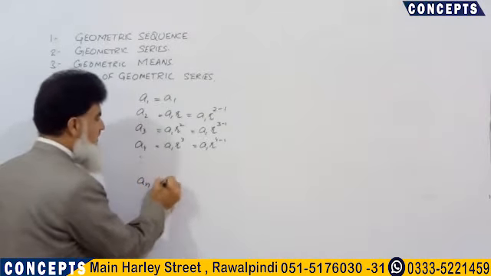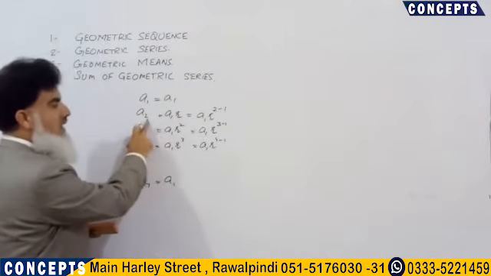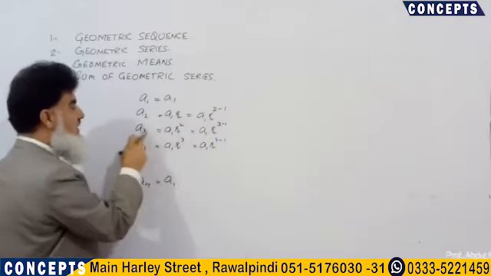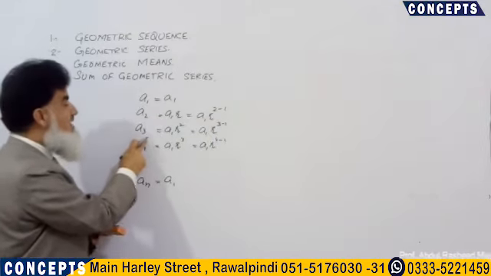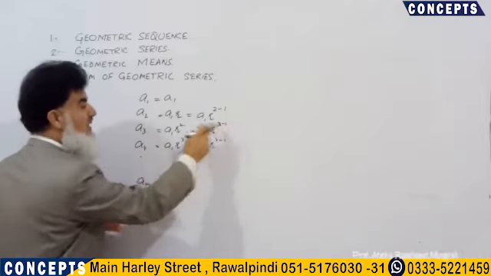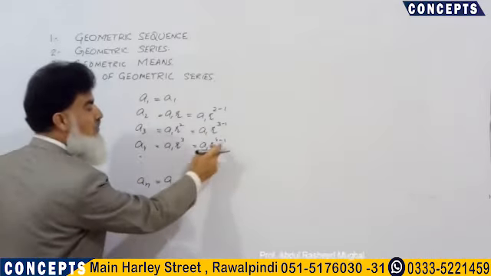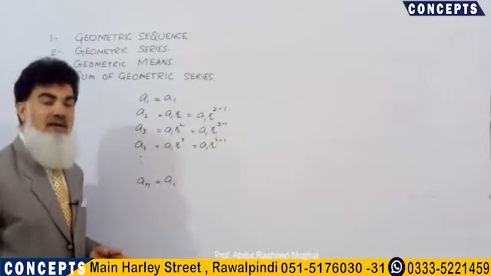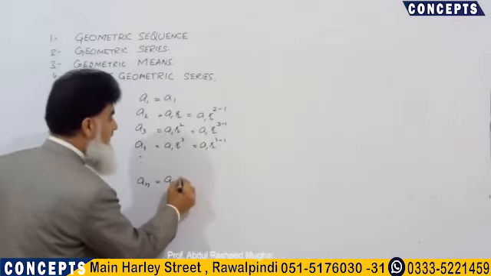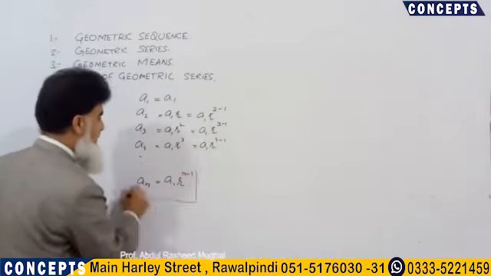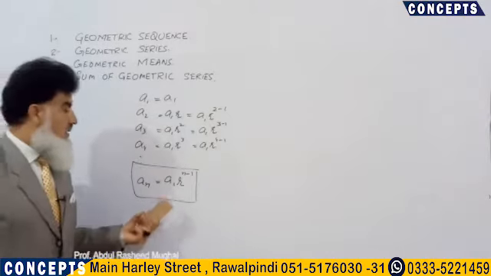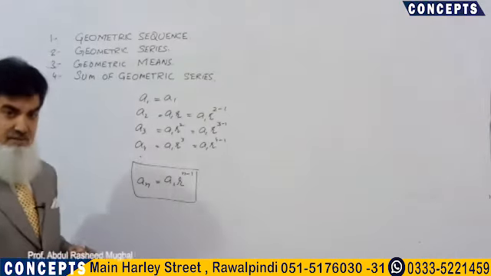The second term A2 is A1 R raised to 2 minus 1, the third term is A1 R raised to 3 minus 1, the fourth term is A1 R raised to 4 minus 1. Obviously, the nth term of the sequence will be A1 R raised to n minus 1. This is called the general term of the geometric sequence.